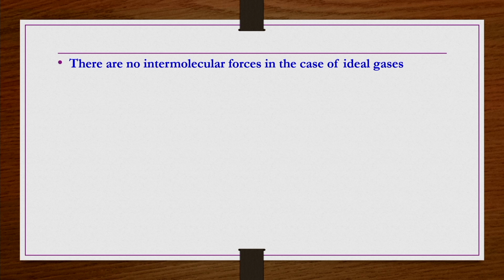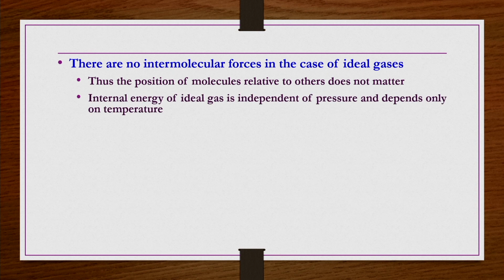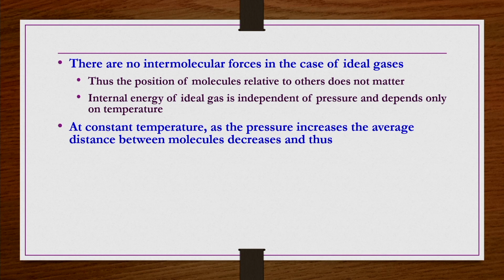There are obviously no intermolecular forces in the case of ideal gases. Thus, the position of molecules relative to others does not matter. The internal energy of an ideal gas is independent of pressure and depends only on temperature, as we have already seen. But at constant temperature, as the pressure increases, the average distance between the molecules gradually decreases.